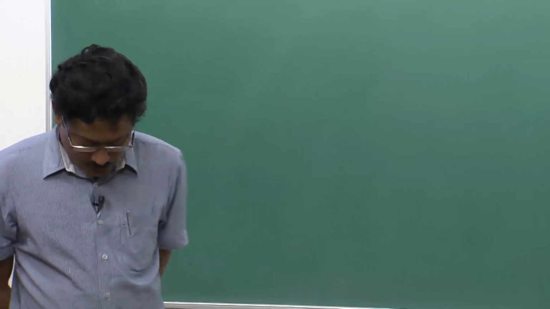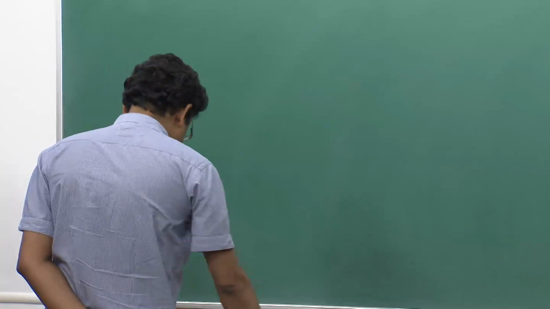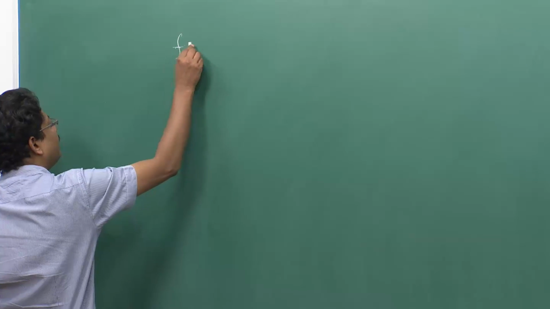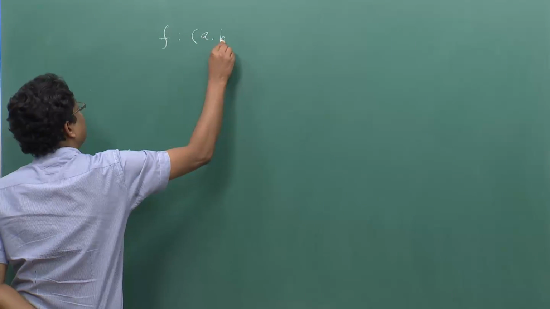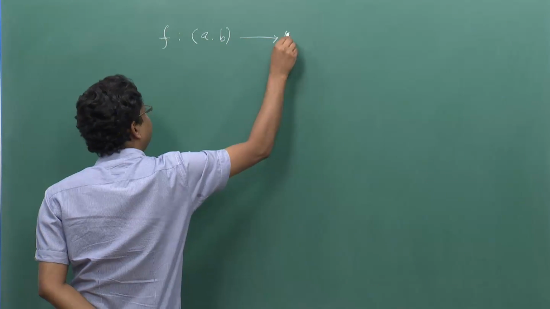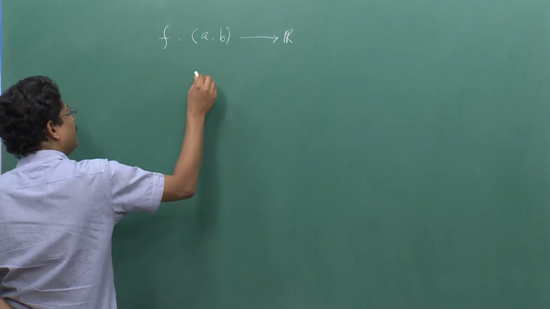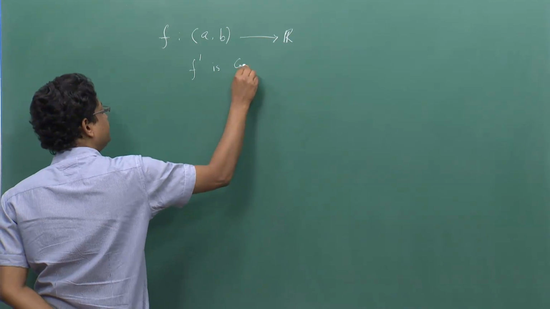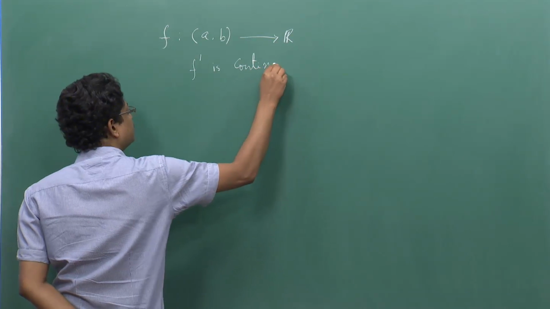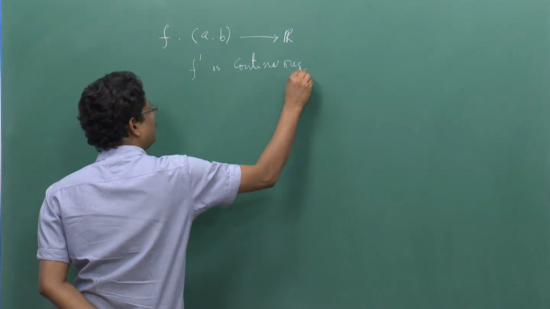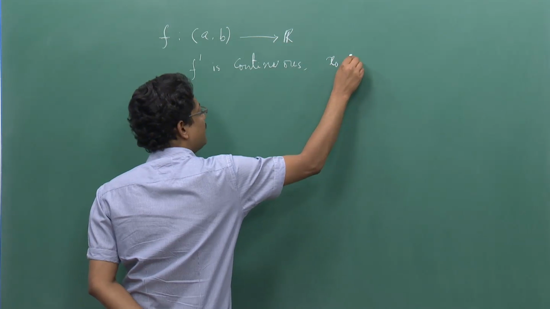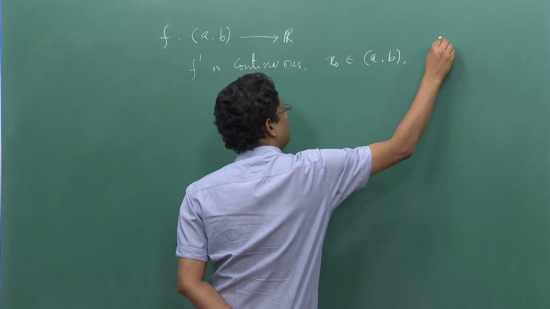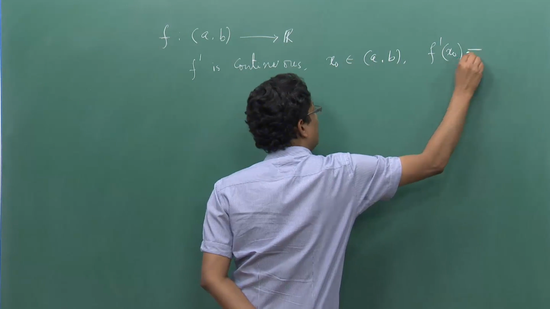Now let us just recall what we have already seen for a function of one variable. So we had f from interval a b to R, and we assume that f prime is continuous, and at some point x naught in a b we had f prime x naught not equal to 0.